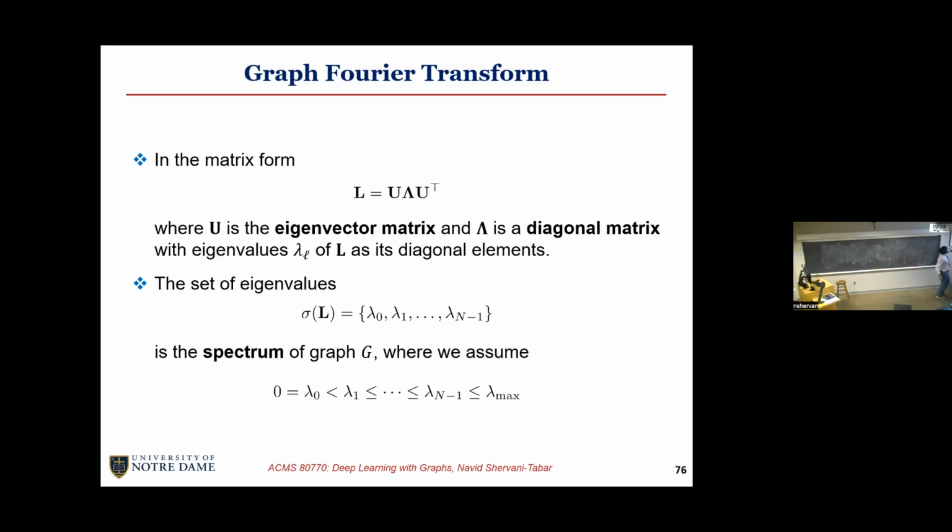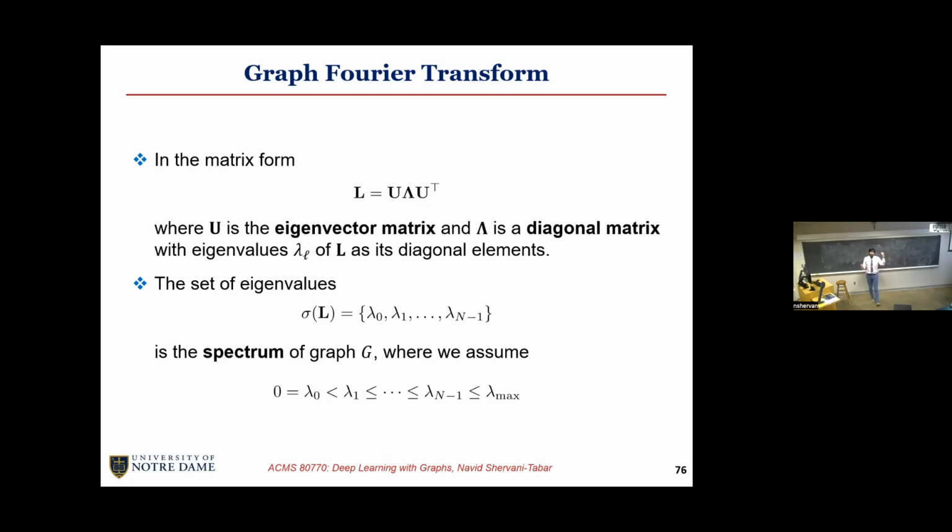U is the matrix of eigenvectors, meaning that every column contains an eigenvector of the Laplacian, and matrix Lambda is a diagonal matrix, and every element on the diagonal of this matrix is an eigenvalue of my Laplacian, associated with the corresponding eigenvector.